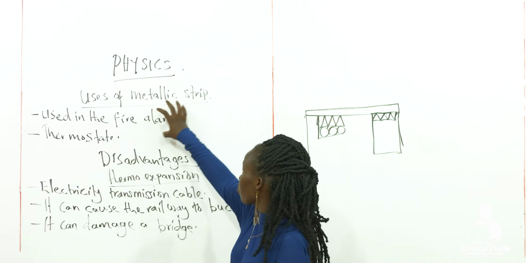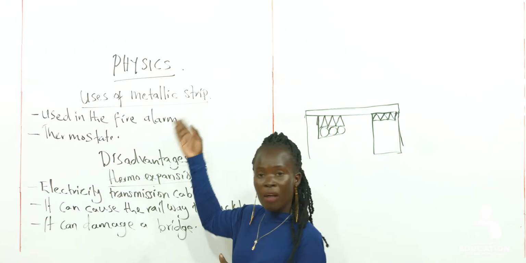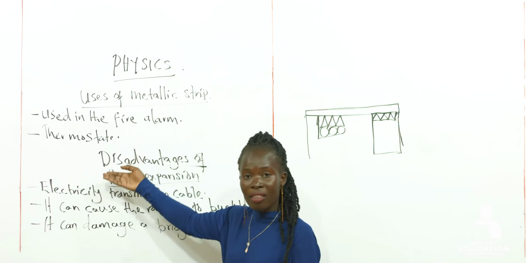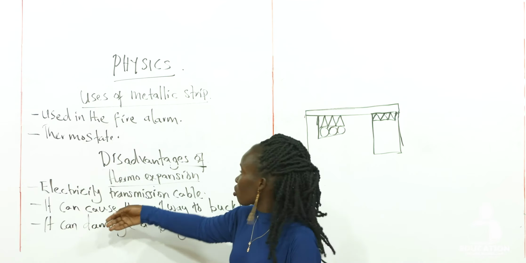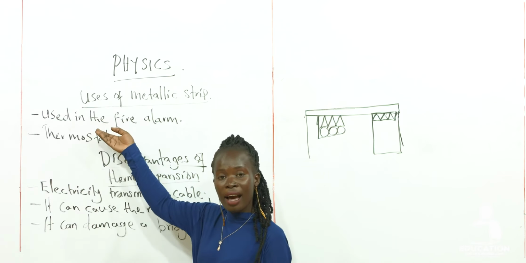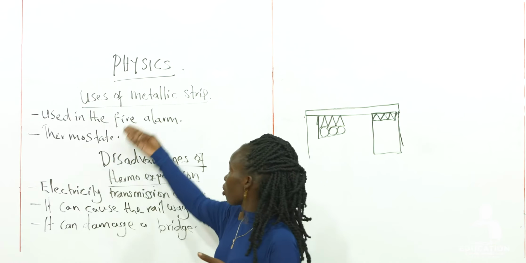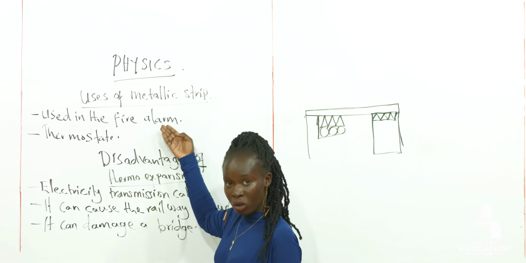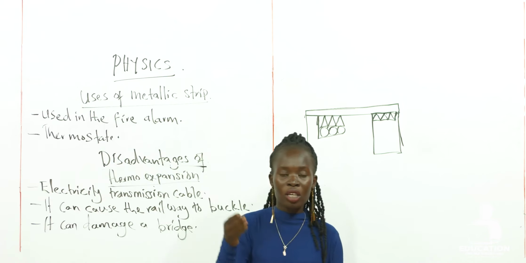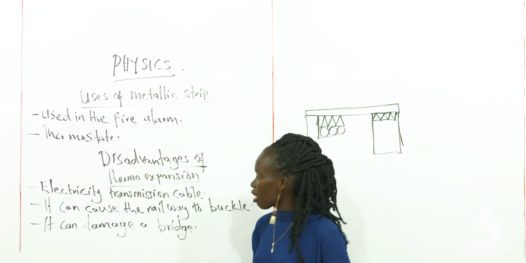The principle of thermal expansion is applied in a thermostat. It is also applied in the fire alarm. So these two are actually the same. When they are talking about uses of the metallic strip, they are talking about the application of thermal expansion.